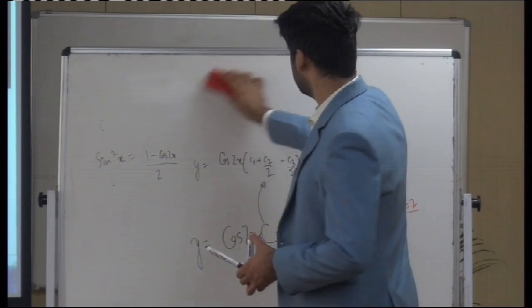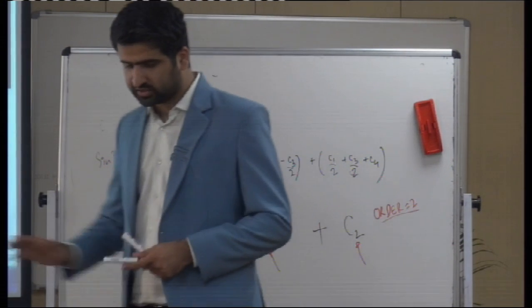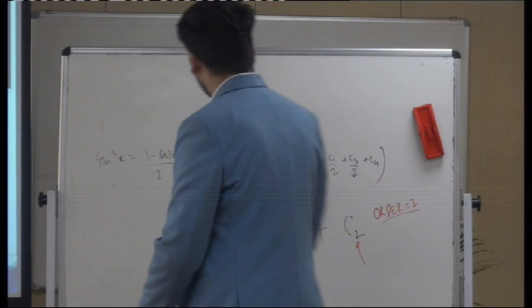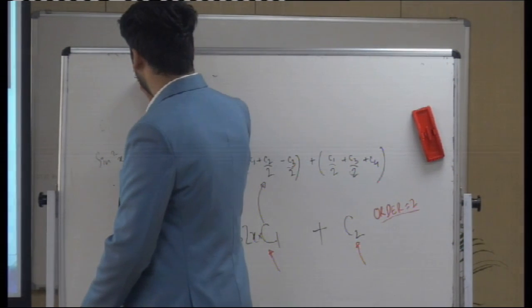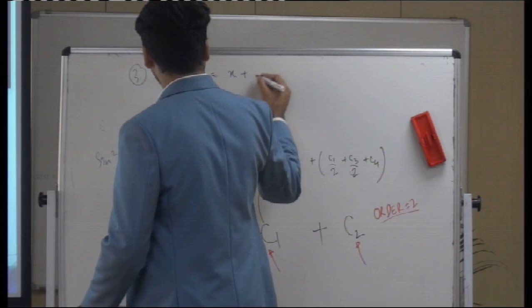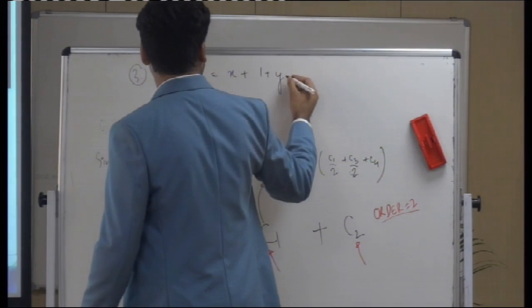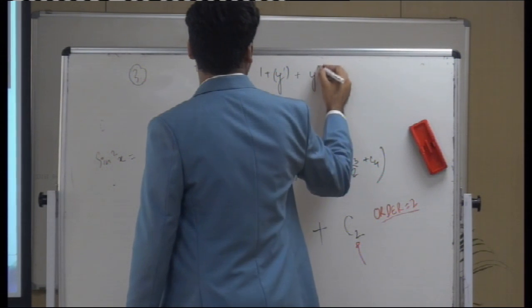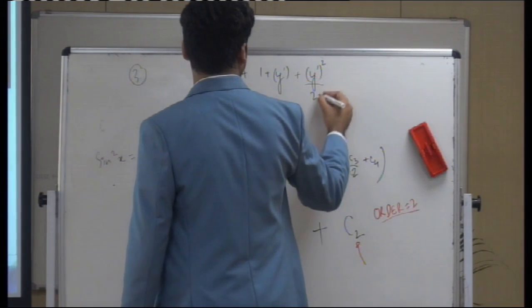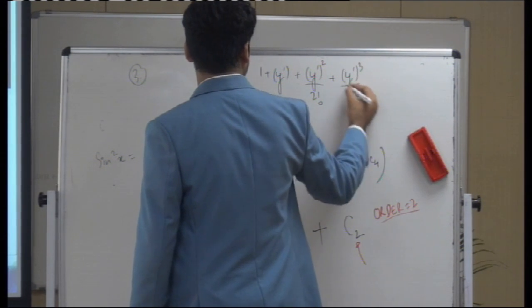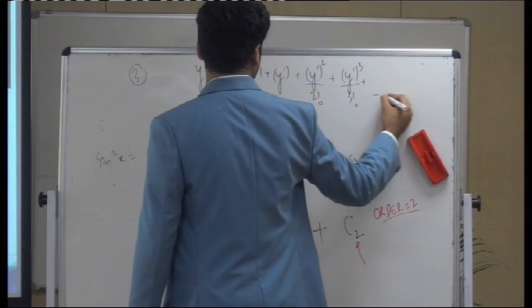So don't judge by seeing the arbitrary constants in the starting only. You have to do a bit more manipulation than that. Next one is y is equal to x plus 1 plus y dash plus y dash square upon 2 factorial plus y dash cube upon 3 factorial, and so on.